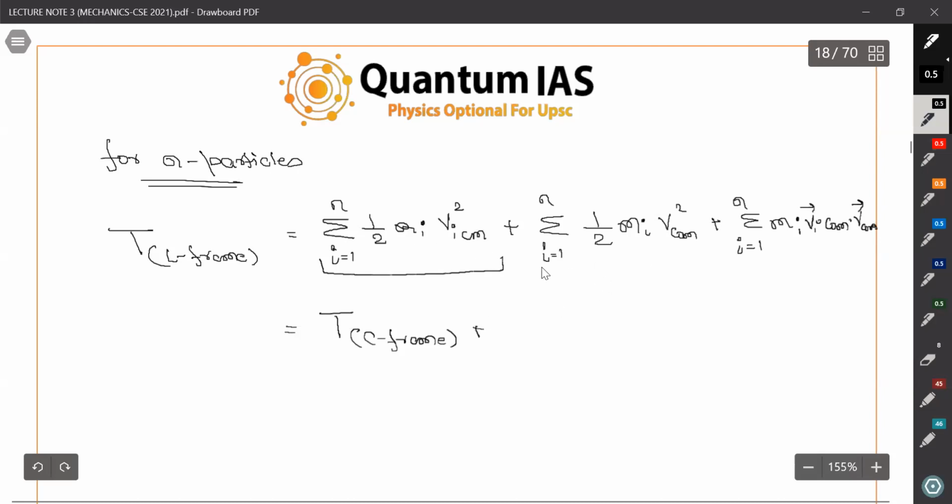Plus, what is this? Summation i from 1 to n of mi is the total mass. So that is half total mass into v center of mass whole square. So it is the kinetic energy of the center of mass.